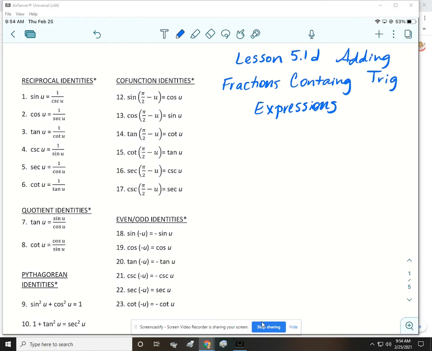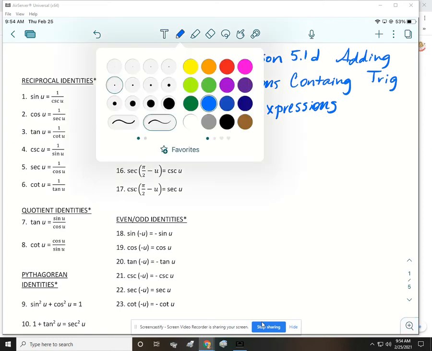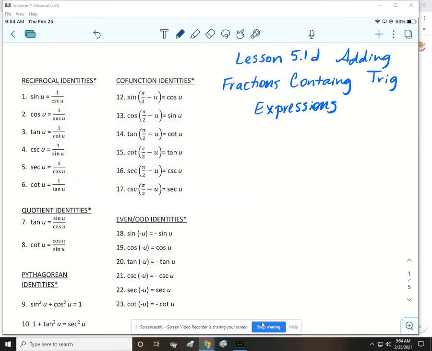All right, so the first thing that we need to remember is the number one rule for adding fractions, and I'm fairly confident you guys all know that is you must have a common denominator.